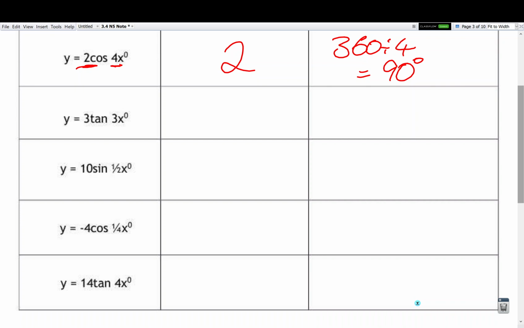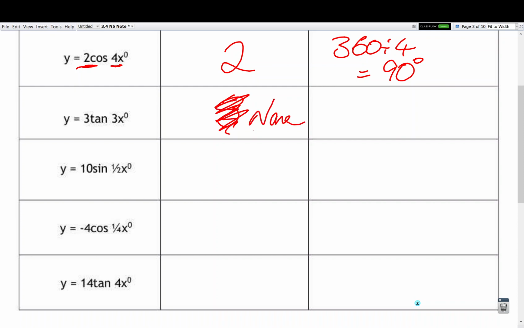Okay, so we might as well just quickly finish these off. So y equals 3 tan 3x. The amplitude is the number in front of the trig function. So the amplitude is 3, means it would go up to 3. Oh, sorry, no it doesn't, because it's a tangent graph, so there is no amplitude. Caught myself out there.